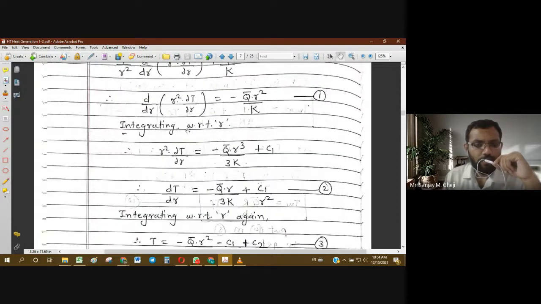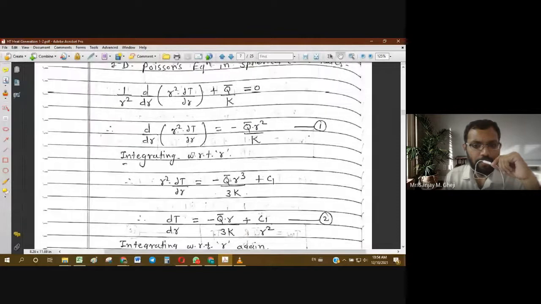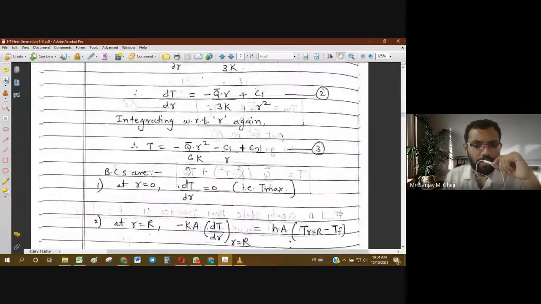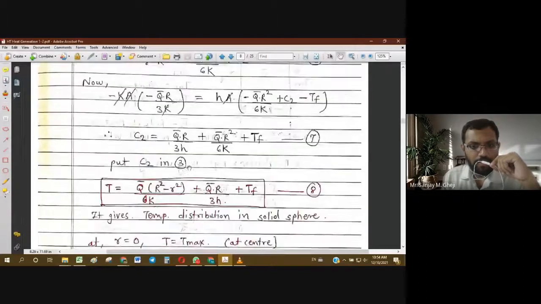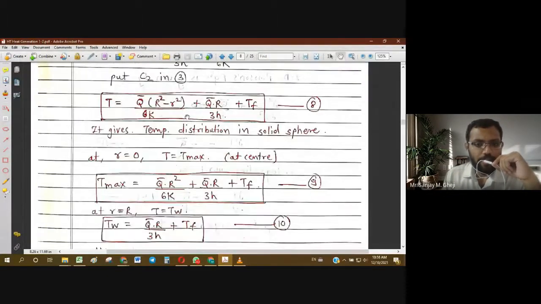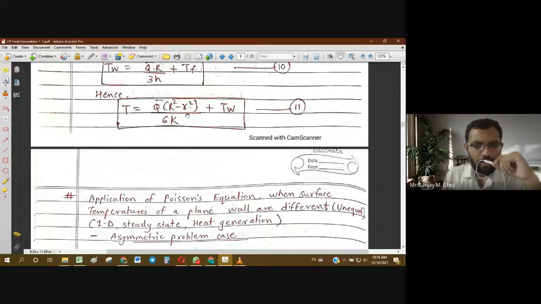Then we solved the second order differential equation, integrated it, and found the constant values. In this way we completed the derivation for three standard and simple cases with internal heat generation under steady state.